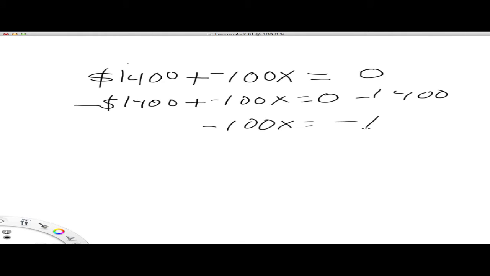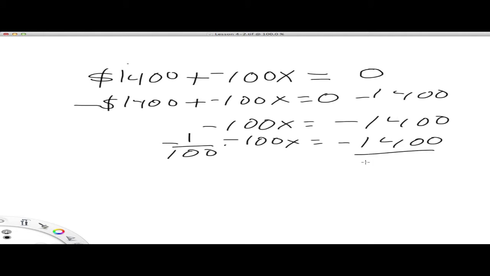I now divide both sides of the equation by a negative 100, or multiply by negative 1 over 100. And I get, negative times a negative is a positive, x. Negative divided by a negative is a positive. Cancel out the zeros. I'm left with 14 weeks. So I get my answer algebraically. But we can use a graph to solve for this type of problem.